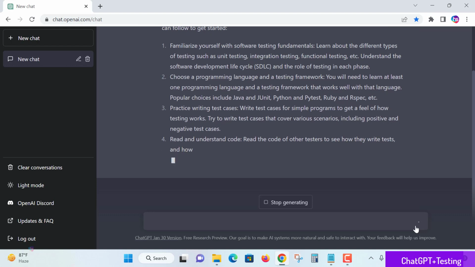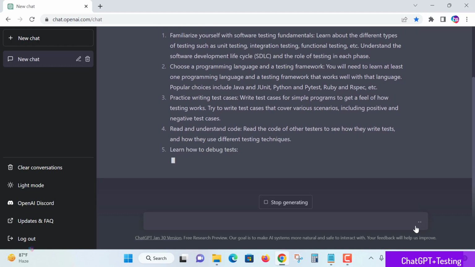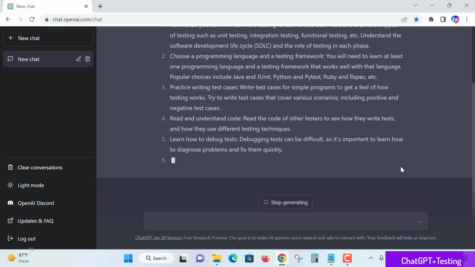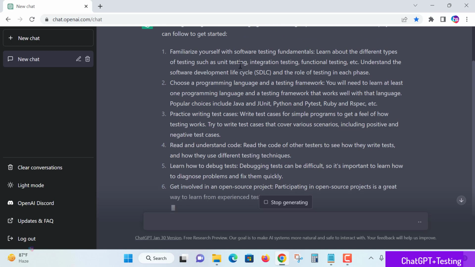Different types of testing modes, unit testing, integration testing, functional testing, etc. So understanding the software development life cycle, also called SDLC phases, the role of testing in each phase, where to apply and how to approach a life cycle.